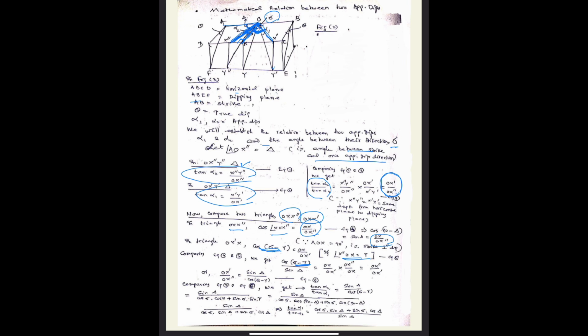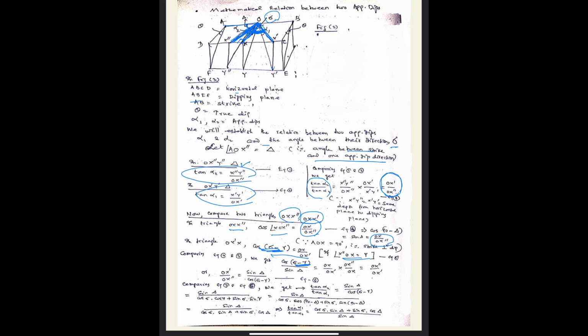Cos of this angle is equal to this by this, OX by OX dash. If the total angle is sigma and this small angle is gamma, then this is sigma minus gamma.